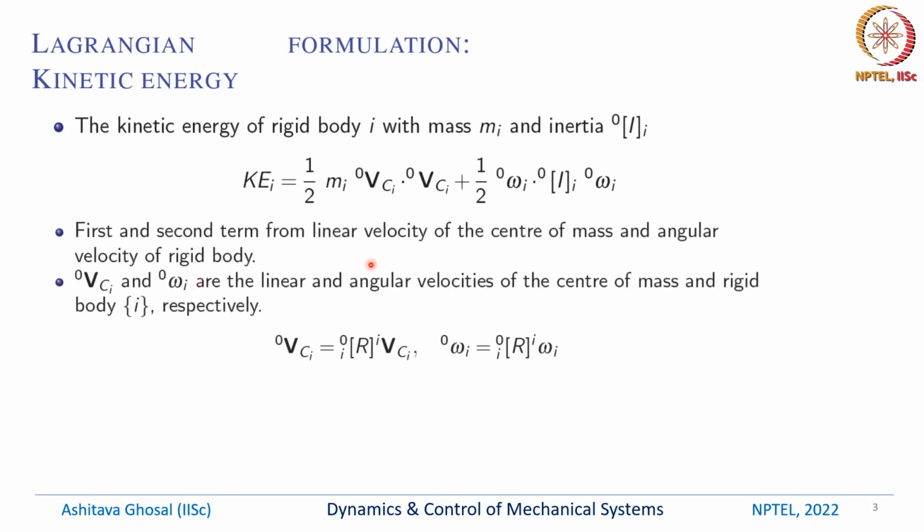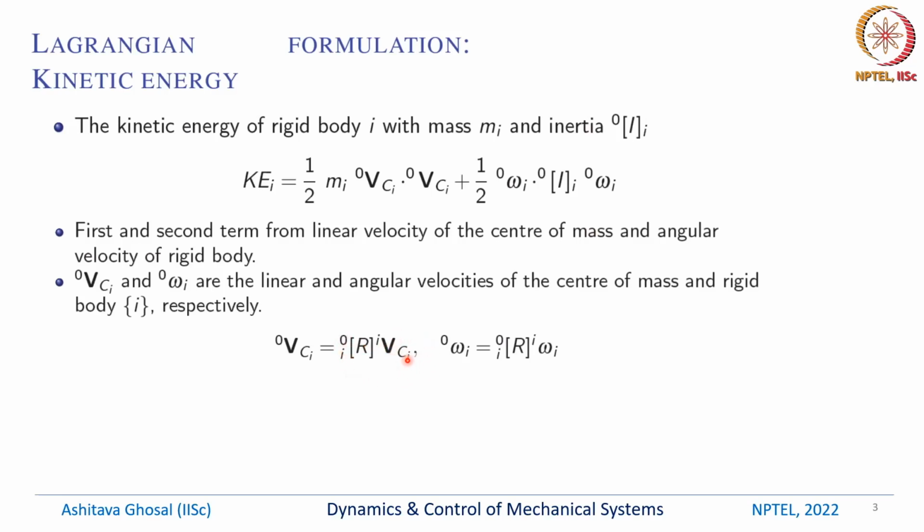The first and the second terms form the linear velocity of the center of mass and angular velocity of the rigid body, as I had explained. Again, just to reiterate, 0 v_Ci and 0 omega_i are the linear and angular velocities of the center of mass and rigid body i, respectively. The 0 v_Ci is nothing but the i v_Ci. If you recall, in the propagation equation, we obtained i v_Ci, but pre-multiplied by a rotation matrix.